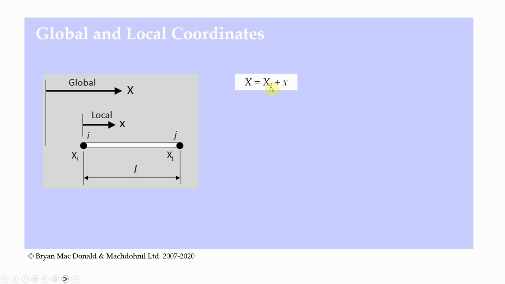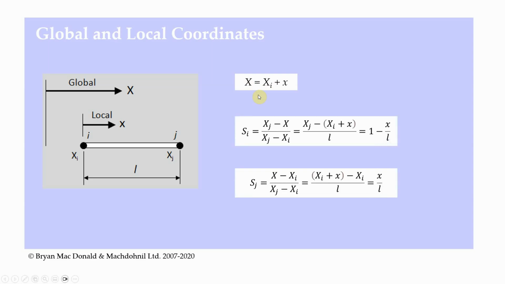The global coordinate of any point in the element is given by the global coordinate of the first node plus its local coordinate. Using this we can convert between local and global coordinates. So what we can do then is re-express the shape functions that we previously worked out, and convert them into local coordinates.